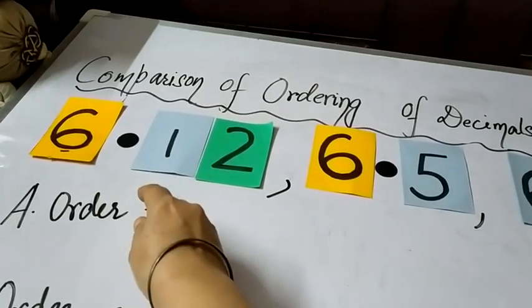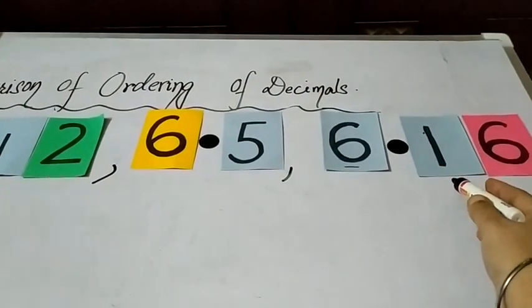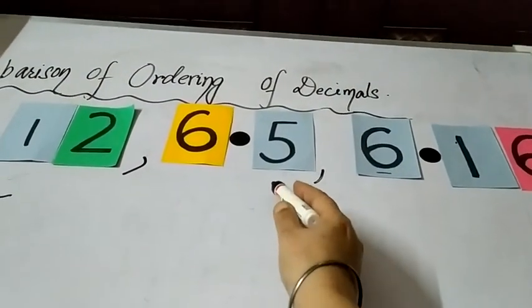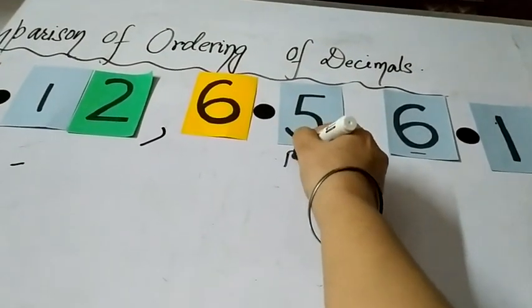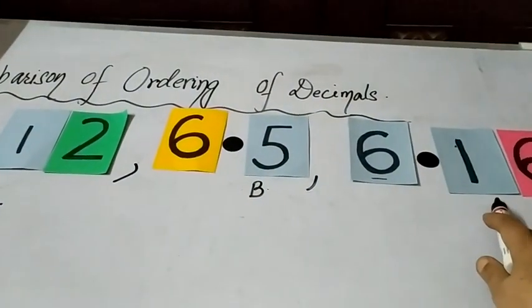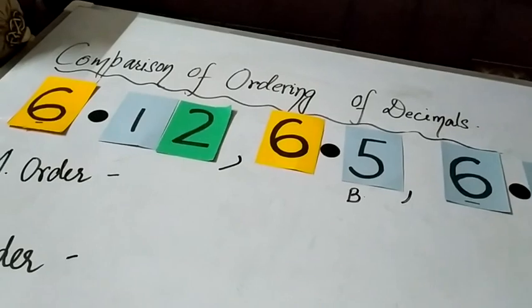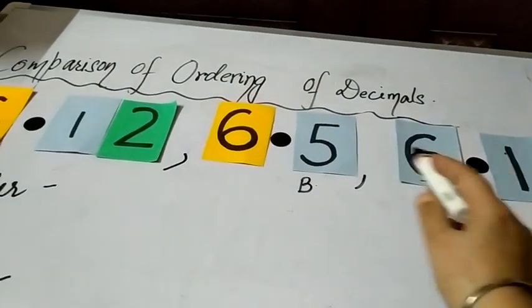Here it is 1, here it is 5, here it is 1. This one is bigger because this is 5, so this is the biggest number. We will write here bigger number. Now these two numbers have 1 after the decimal. Now we don't know which one is bigger, so we will look at the next digit.